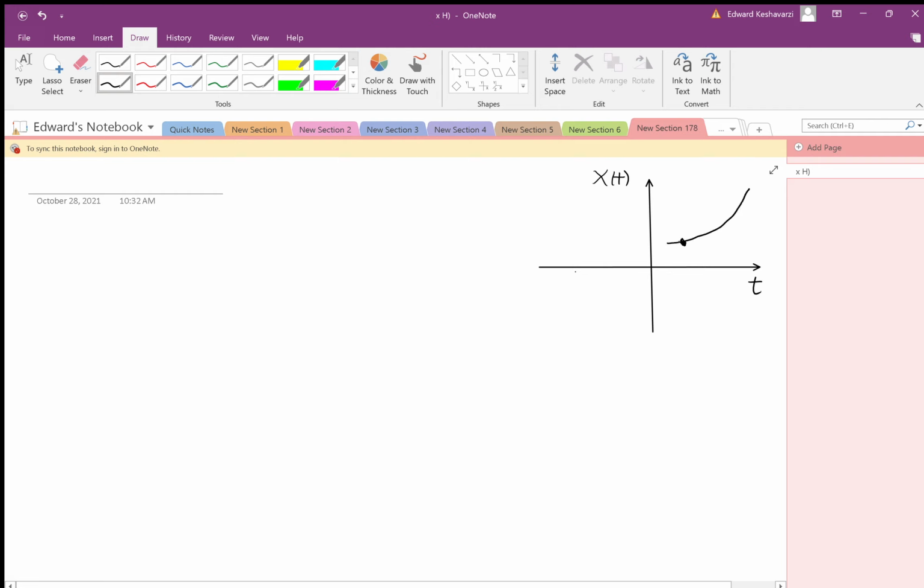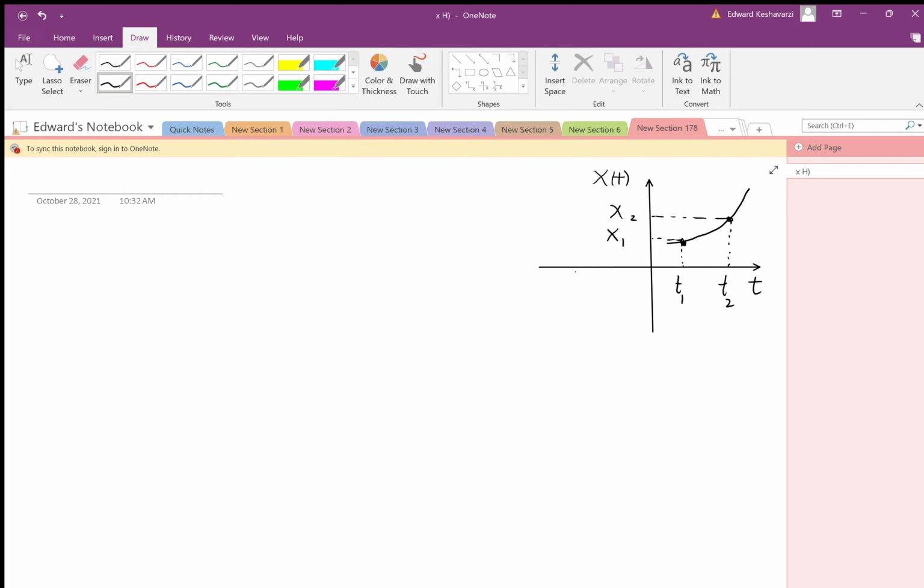So we are at t1, and then the particle goes to t2, and the position varies from x1 to x2. So in the period of time between t1 and t2, the particle moves from x1 to x2.